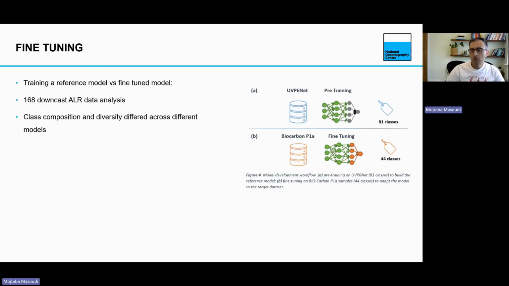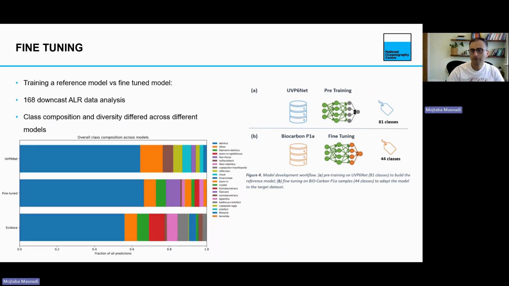So what we've done, we already have a reference model trained on a massive data set from around the world. We use that model as a basis, transfer it to another network, and fine-tune it for biocarbon data. So we create a fine-tuned model.